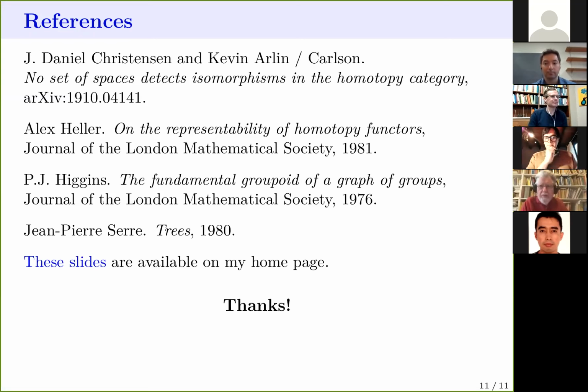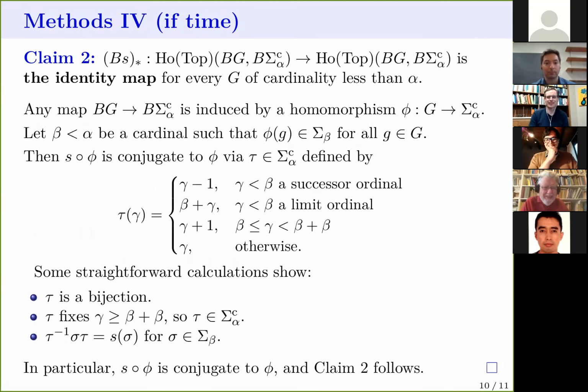Maybe just a comment. I'm trying to understand the argument. So somehow your map S is really a conjugation in a larger group, right?